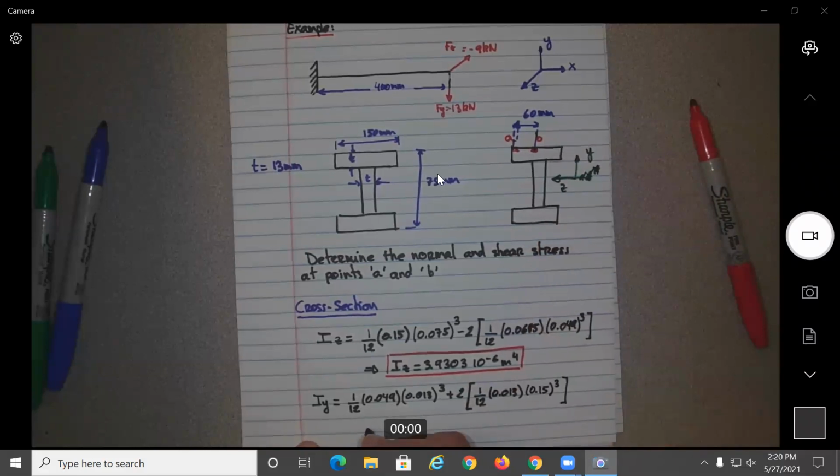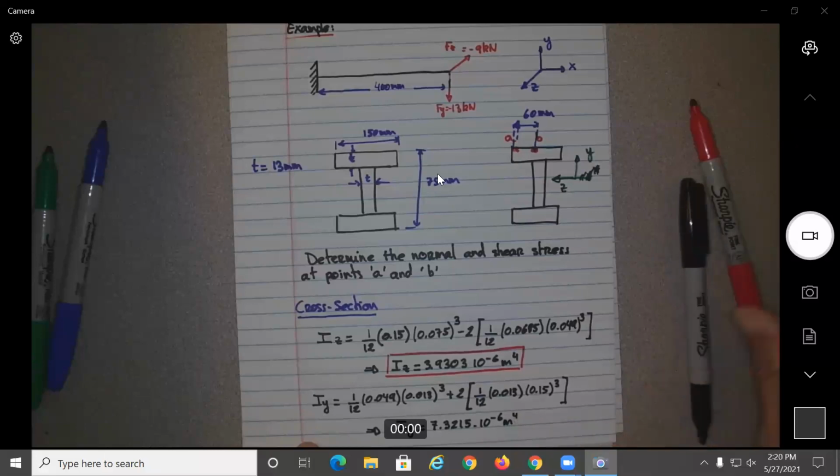And if you do this calculation, we're going to get I of y equal to 7.3215 times 10 to the minus 6 meters to the fourth.